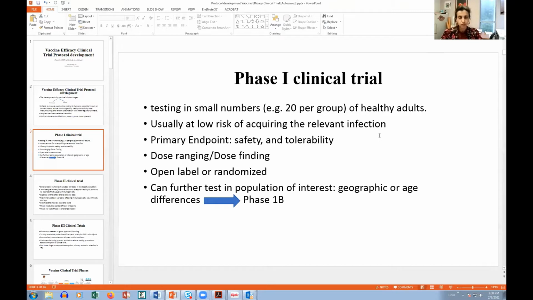Then you move it to the area of interest, for example, Africa for malaria, or for example, we have a vaccine for schistosomiasis that got moved to Brazil to do phase 1B, because the immunologic responses and the safety of a vaccine may not be the same in individuals who have underlying high seroprevalence for the pathogen of interest.